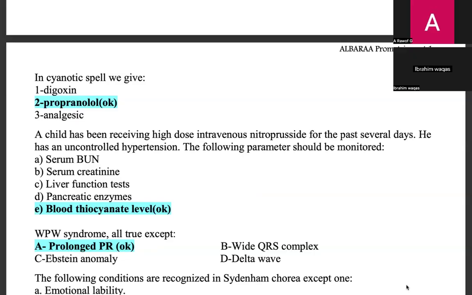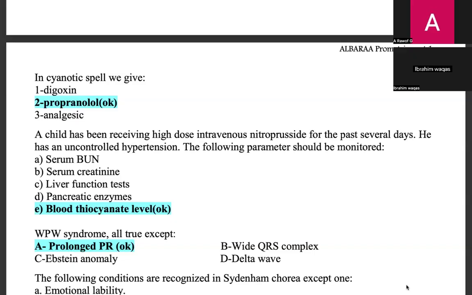A child has been receiving high dose of intravenous nitroprusside for the past several days with uncontrolled hypertension. What should be checked is blood thiocyanate level. Whenever the child is taking intravenous nitroprusside, we have to check blood thiocyanate level.